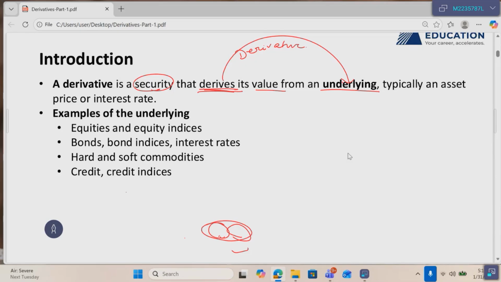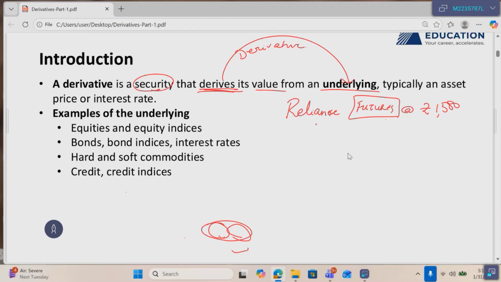Now, a quick example. Let's say I took a Reliance share future. A future is a derivative, right? The future is on Reliance shares, and this future is worth around 1500 because the value of Reliance is also around 1500.